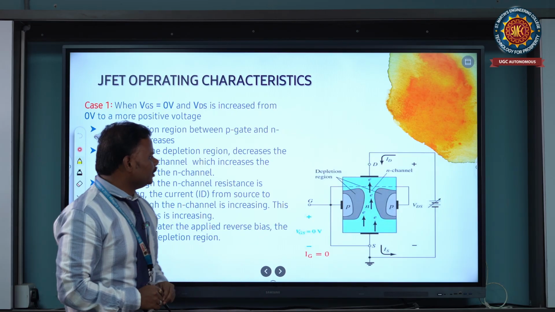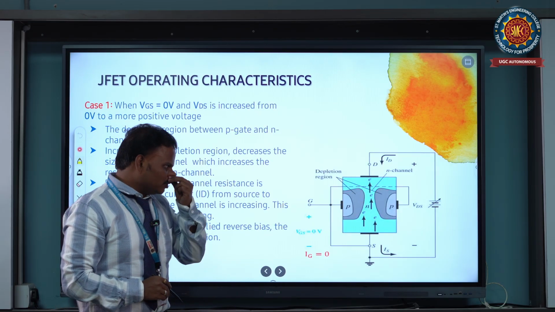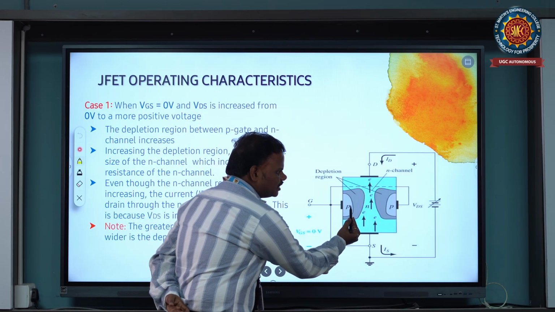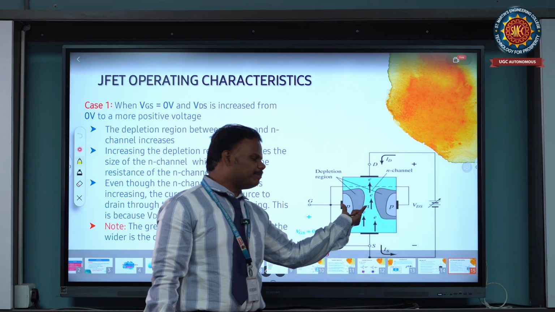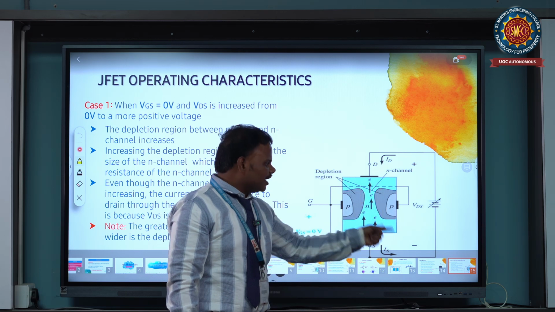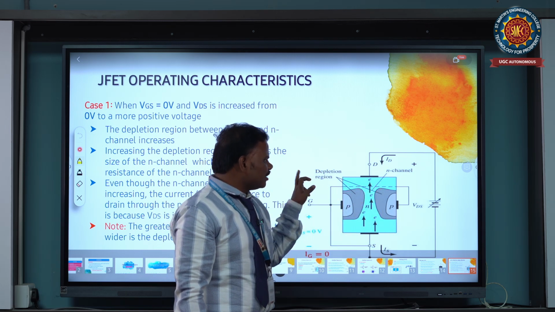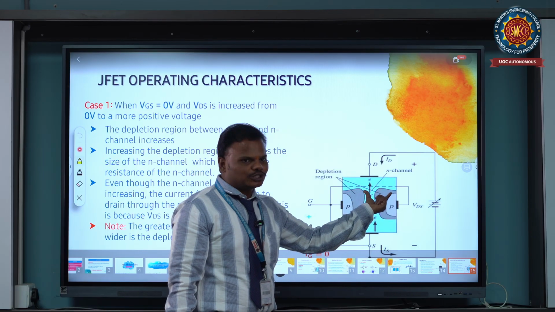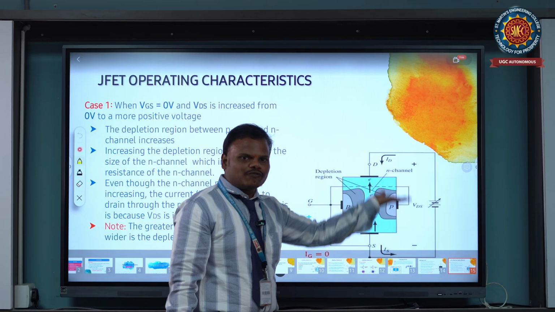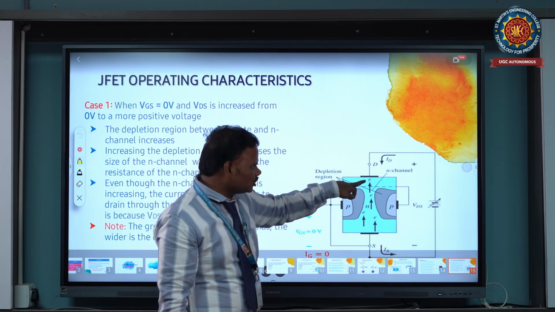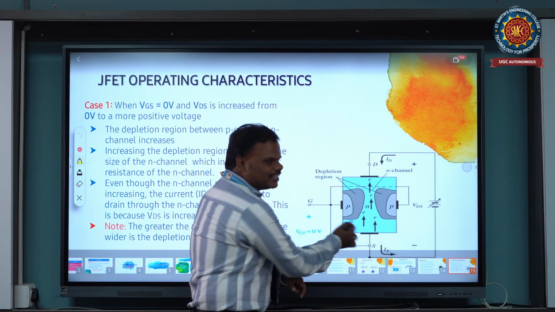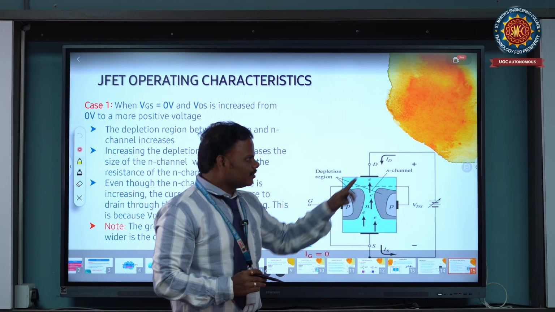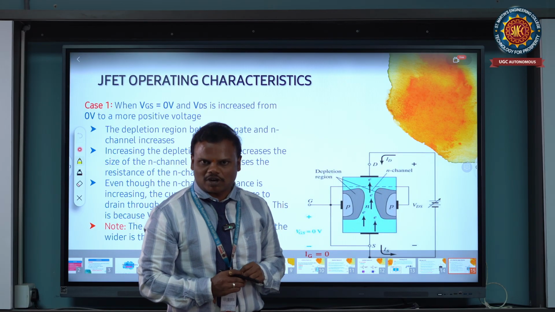Pinch off voltage. If we observe this, here we have the p type and n type, so a PN junction is formed. Whenever we apply voltage between drain and source and increase it, that is a positive voltage to the negative, here the substrate is n type material, hence we apply the positive voltage.